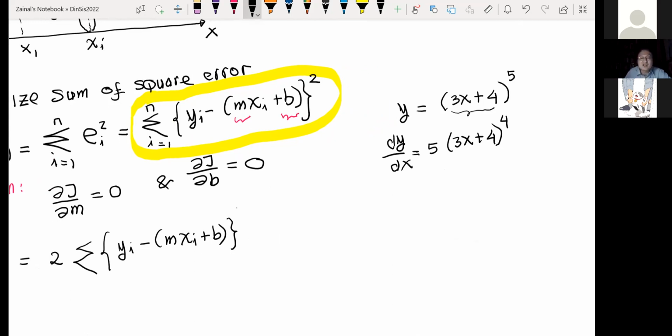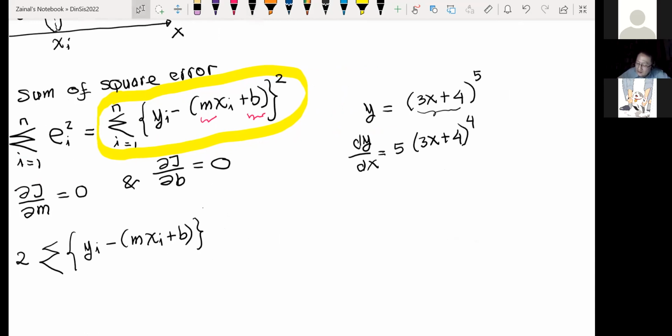We call it the chain rule. The derivative of 3x plus 4 is 3.